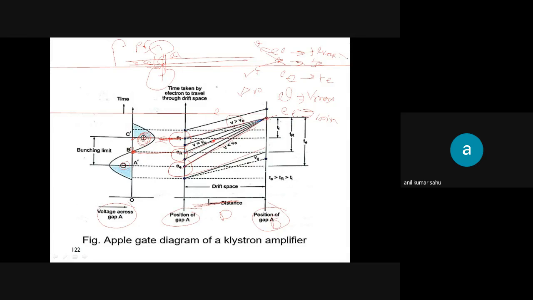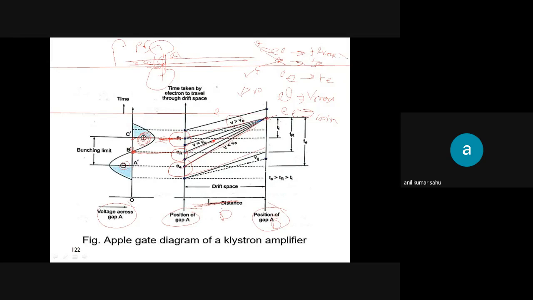Whenever electrons are emitted early from the electron gun, all these electrons need to travel the same distance, whether late electron, reference electron, or early electron.